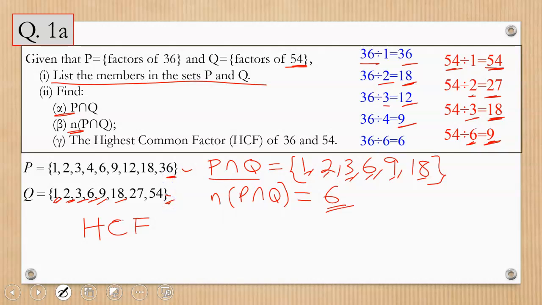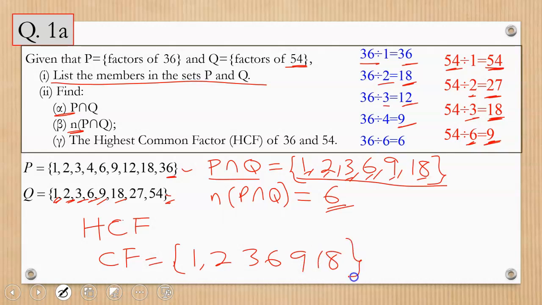The common factors give us the set 1, 2, 3, 6, 9, and 18. Now, among these common factors, which of them is the highest? The highest will define our highest common factor, which is the HCF, and that will give us 18.